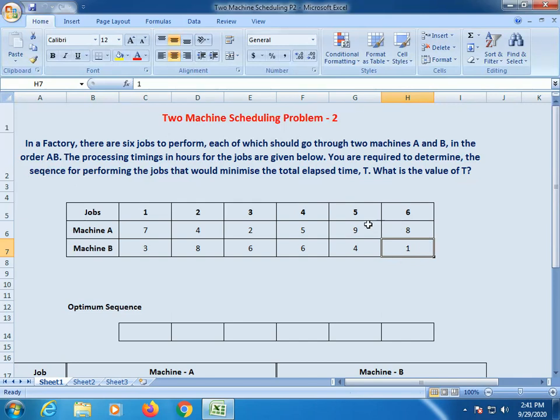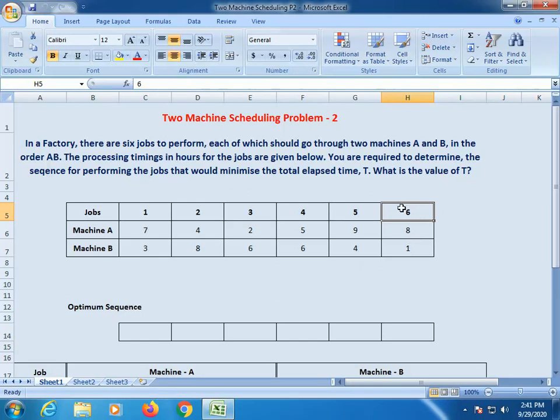After identifying the shortest processing time among all the processing times, we have to identify which machine and which job that processing time relates to. So this one processing time is relating to job 6, and that 1 hour processing time is relating to machine B. So machine B and job 6.